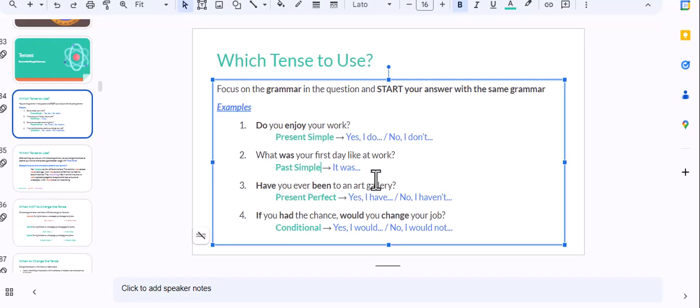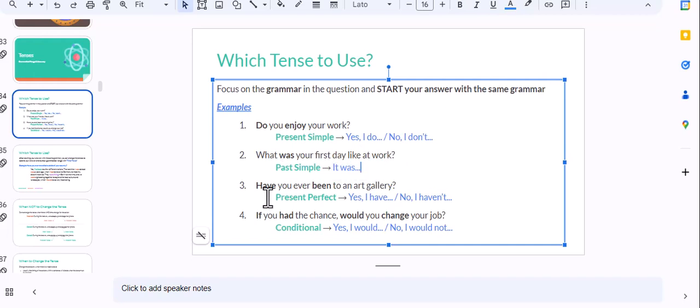As you can see here, it was beautiful, it was terrible. It depends on whatever you want to say, but just know the idea. Our question here is in the past simple, so I also use the same tense in my answer.